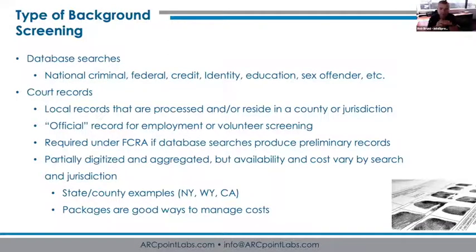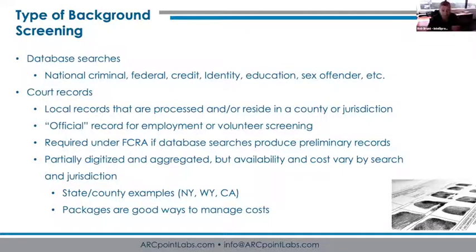There are also circumstances such as a plea in abeyance, or some situation where the record had an official adjustment, or it was thrown out. You would need to pull that county record to make sure you have the most accurate and most current version of that criminal record. And so that's required.